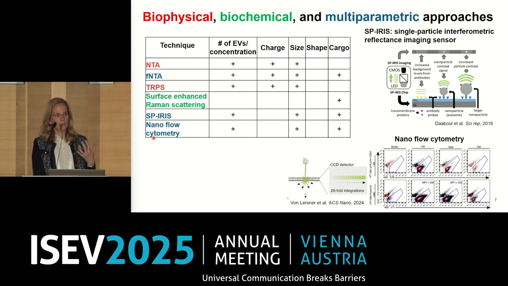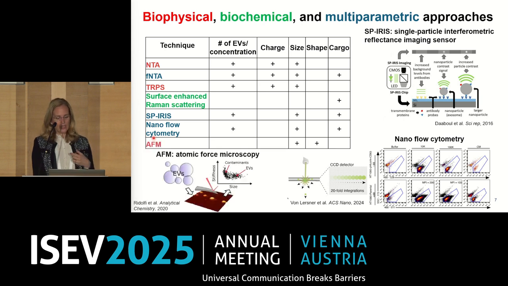So this is a really nice method that is really pushing the field forward. What I really love about this field is that the EV field pushes the technology, and then technology really explains the state of the art in the EV field.